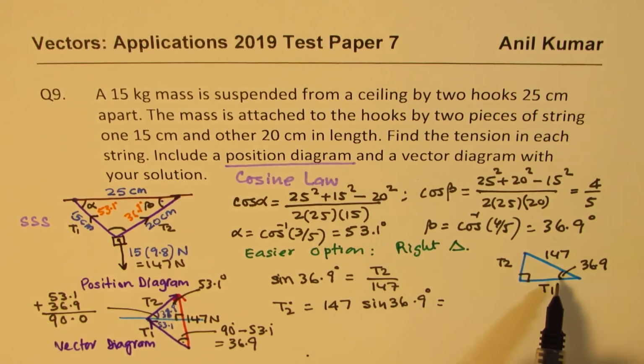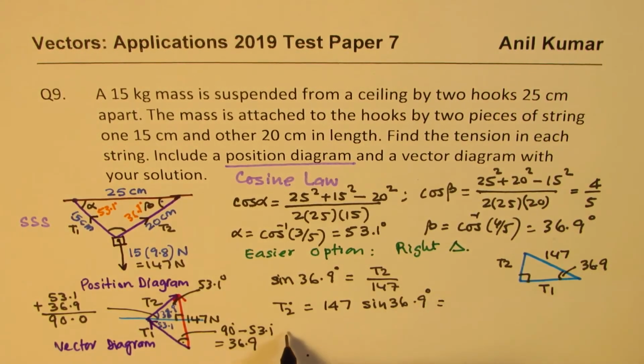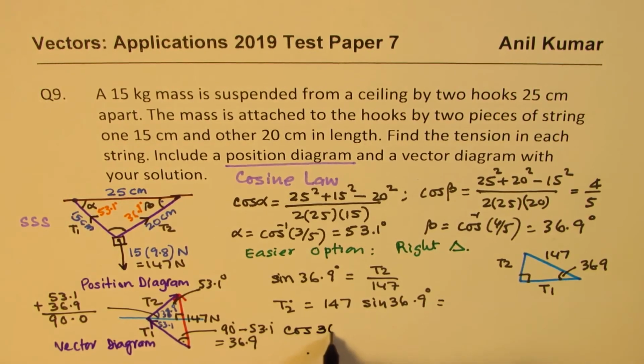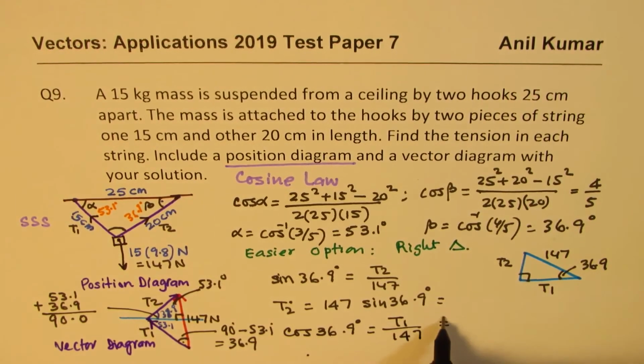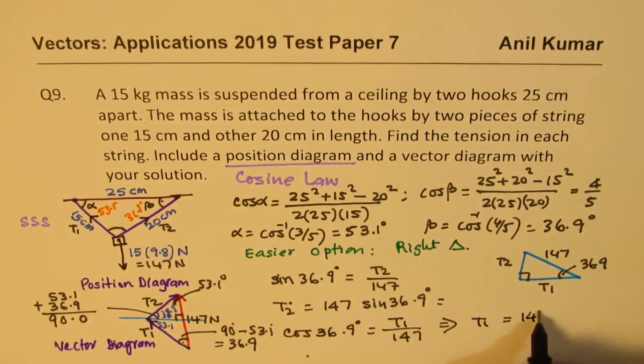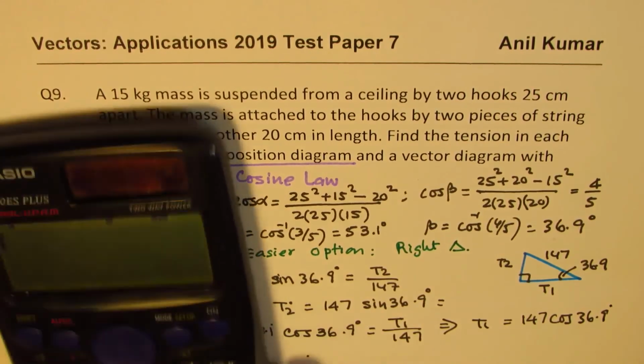Similarly, we can write here that cos of 36.9 degrees is equal to T1 over 147, and that implies that T1 is equal to 147 cos of 36.9 degrees. Is that clear? So let's figure it out.